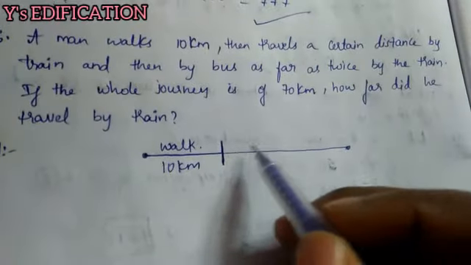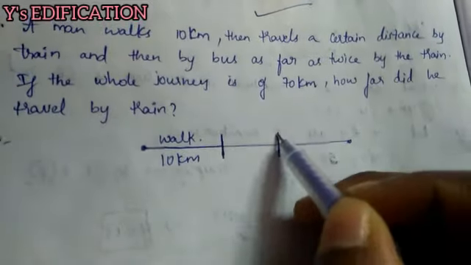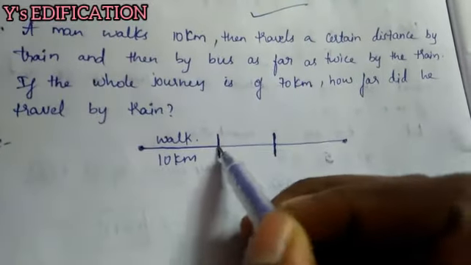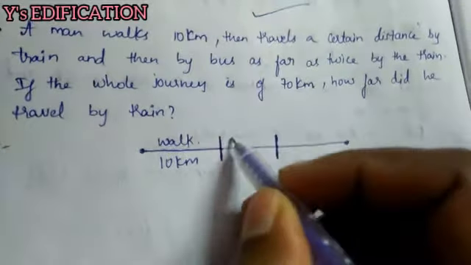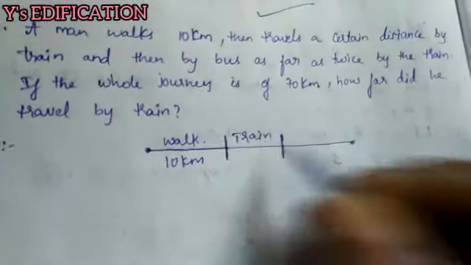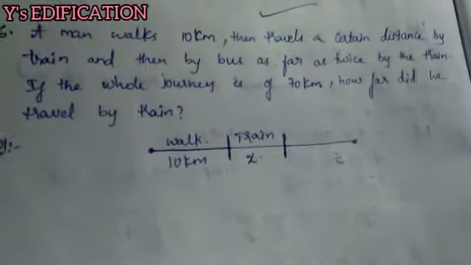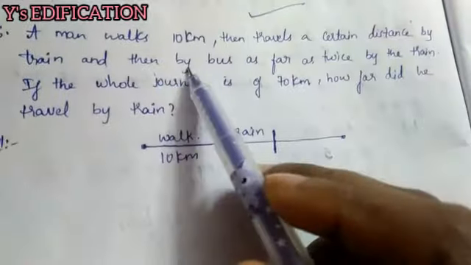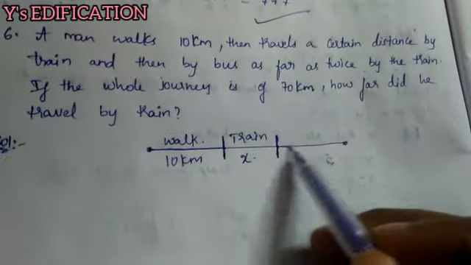And then he travels a certain distance by train. After he walked 10 kilometers, he boarded a train here and then he went some distance. We don't know the distance and we have to find this. Let it be x. And then by bus as far as twice by the train. And the next journey.